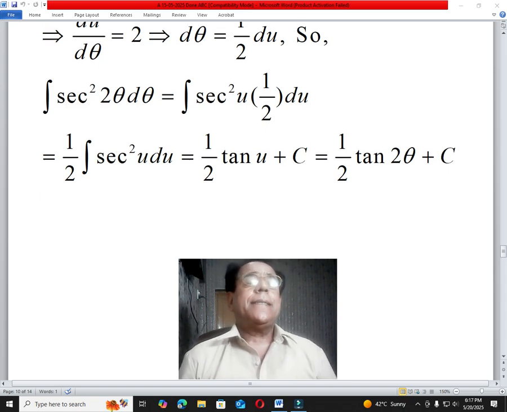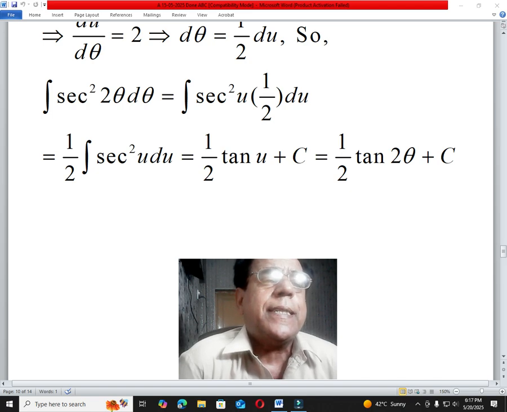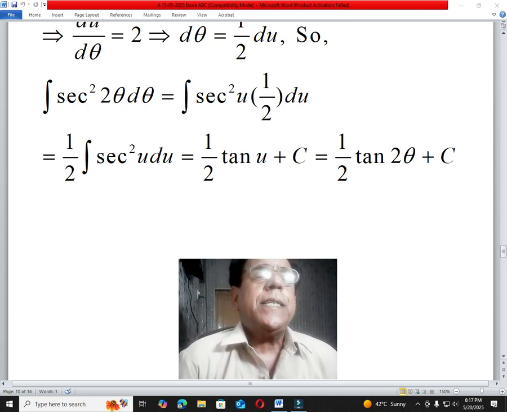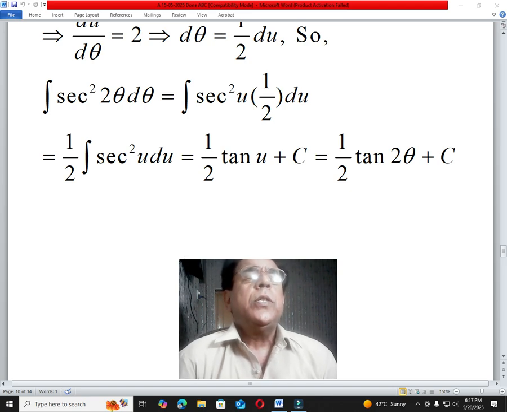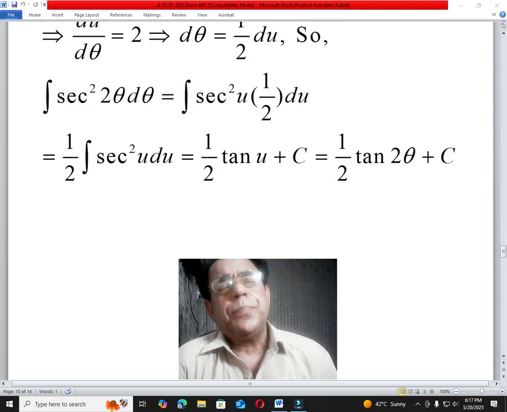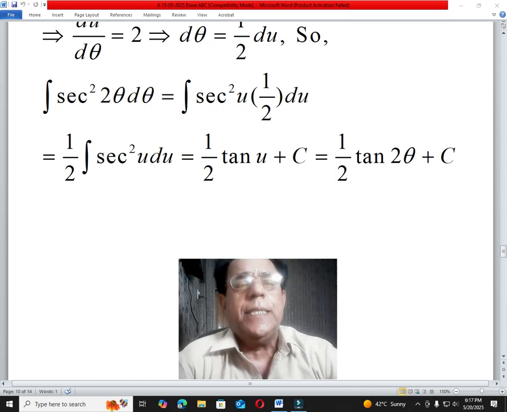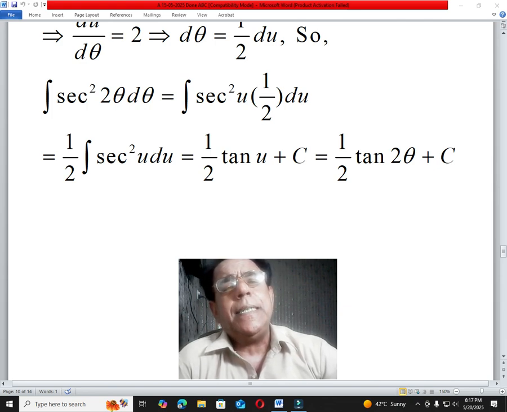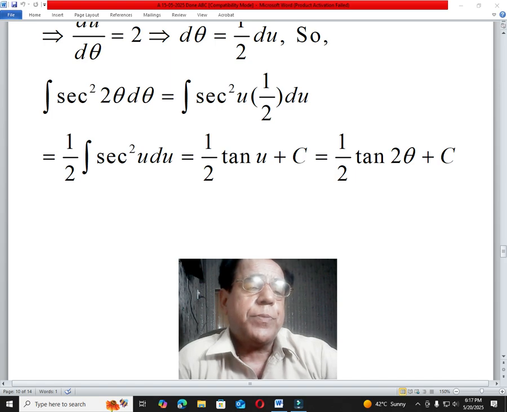And then in the next step we are going to integrate this factor as per rules of integration, and according to the formula of integration, integration of secant square theta is tan theta, but here in place of theta we are using u, so its integration will be 1 by 2 tan u plus c, because at the time we integrate we simultaneously add a constant of integration, that is c.